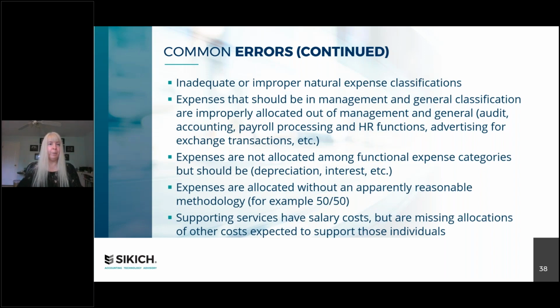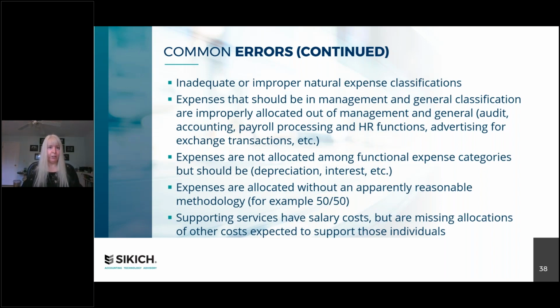Was it mailing costs? So those natural expense classifications need to make sense, and they shouldn't be describing things that aren't commonly understood. So if you have a natural expense classification that an outside reader isn't going to understand, you probably should consider whether that's an appropriate natural expense classification.